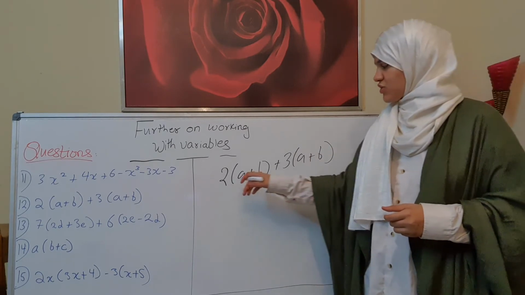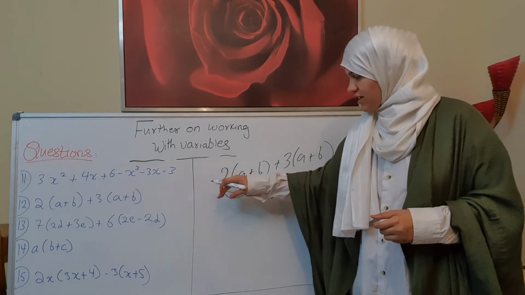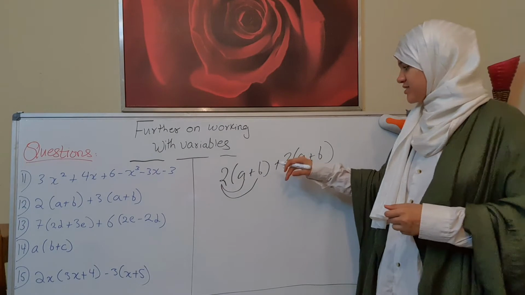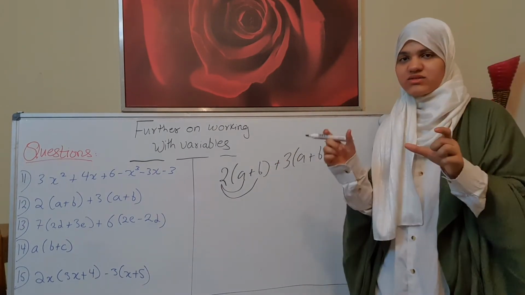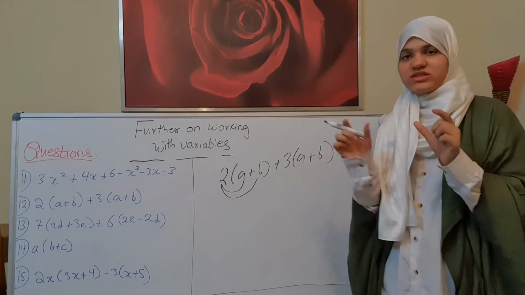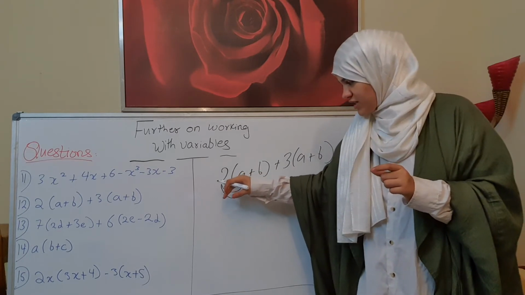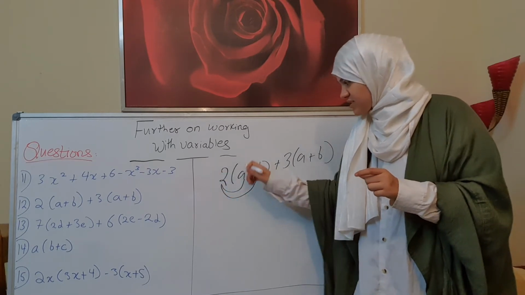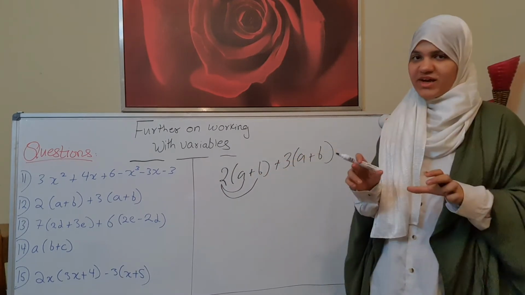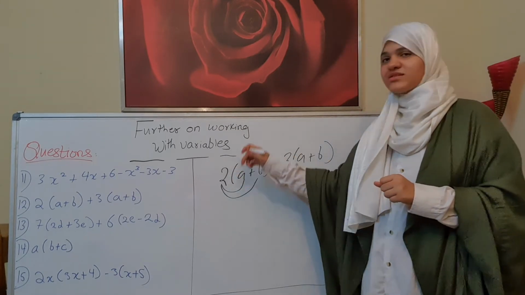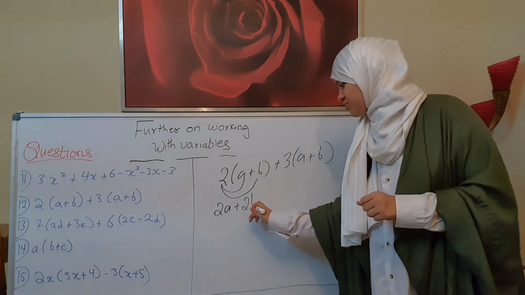Now what we will do? 2 times a and times b, because 2 is outside the bracket and 3 is outside the bracket. So that means the number or sign which is directly outside the bracket without any sign here will be times the numbers or variables inside the bracket. Like for example, 2 times a and times b. That means 2a plus 2b.